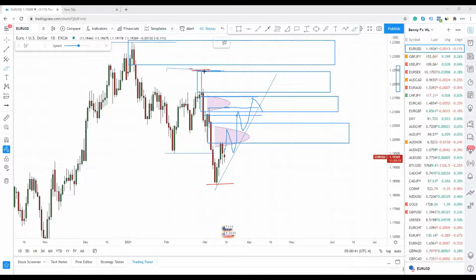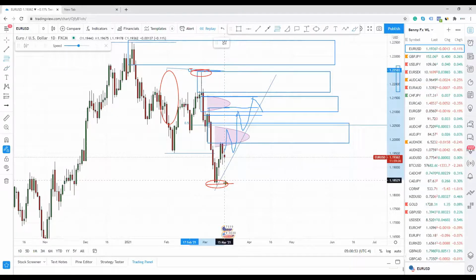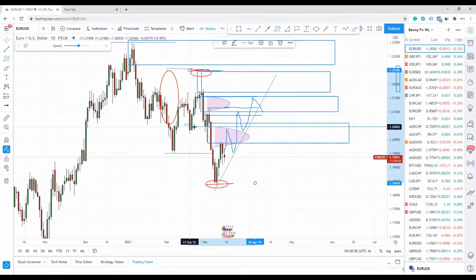From this high to here, 50%. See, I marked 50%. Can you see this line now?